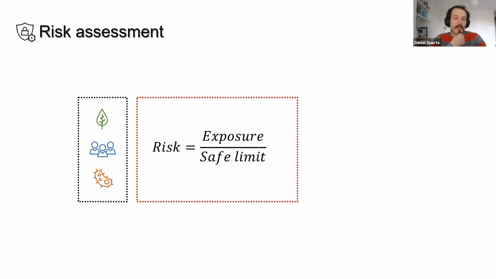We went through three endeavors. We've conducted essentially three assessments: one for ecological risk, another one for human health, and another one a little more experimental, in regards to antimicrobial resistance.